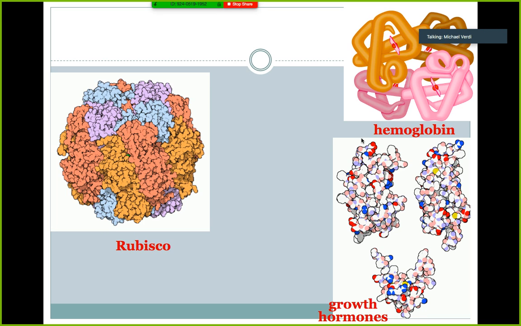The function of hemoglobin is transport. Some proteins provide movement, like your muscles are made of proteins. Communication: growth hormones are proteins. There's also defense, your antibodies are made of proteins. Identification: antigens are often proteins. Structure: your hair is high in protein. Don't eat it, okay, but it's high in protein.